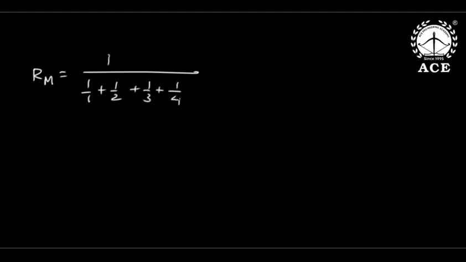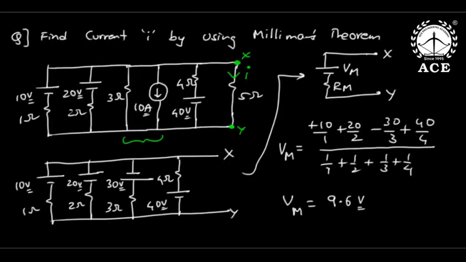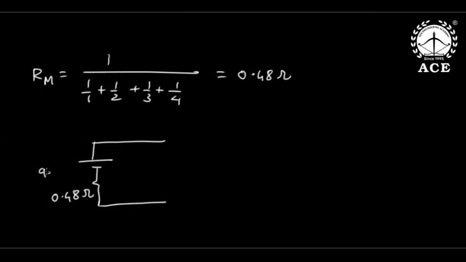Resistance never has any polarity, it is a bilateral element. This is 12 by 25, 0.48 ohms. So the original network simplified into Millman's equivalent has resistance 0.48 ohms and voltage 9.6 volts between X and Y.